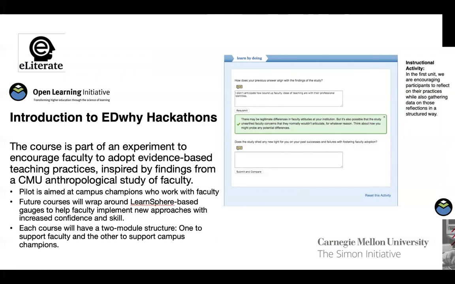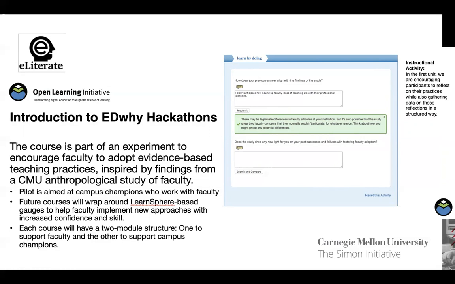You can read some of the results from anthropologist Lauren Herkes that showed that faculty attitudes towards adopting evidence-based practices are complex. I won't go into a lot of the details now about what all the barriers are, but some of them are surprising. I definitely recommend looking up her research.